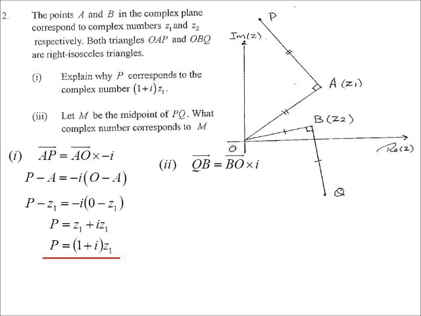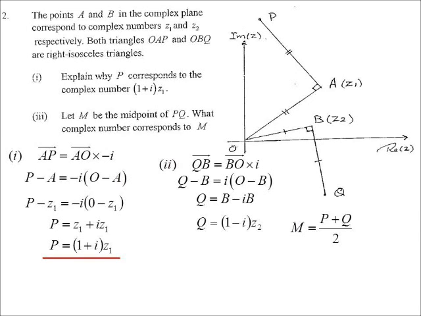So, similar idea, vector QB will be vector BO, rotated 90 degrees, but this time it is in the anti-clockwise direction. So Q minus B is i times O minus B, very similar to the last one, but this time we get 1 minus i times Z2. M is the midpoint of these 2 points.